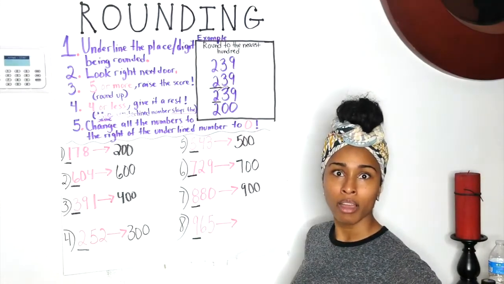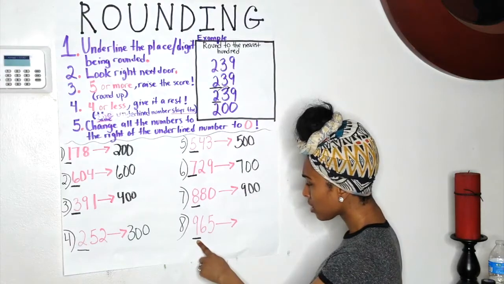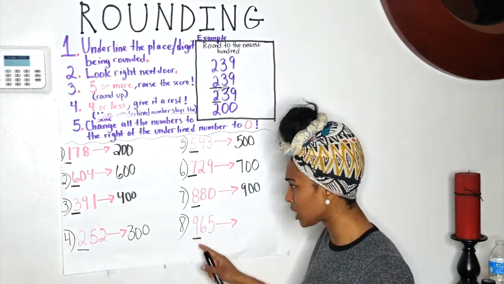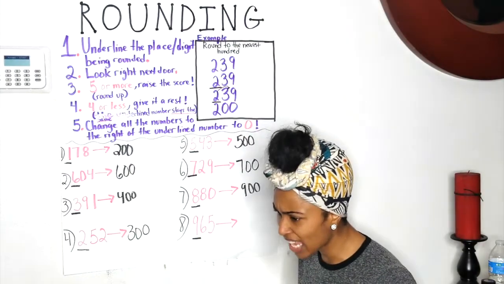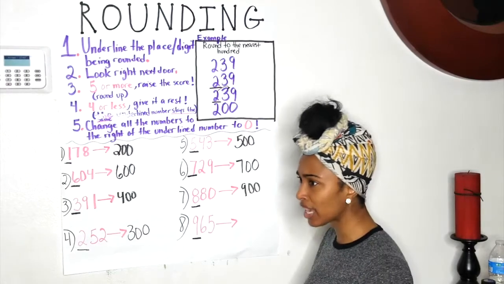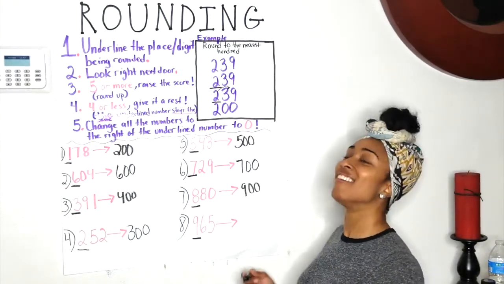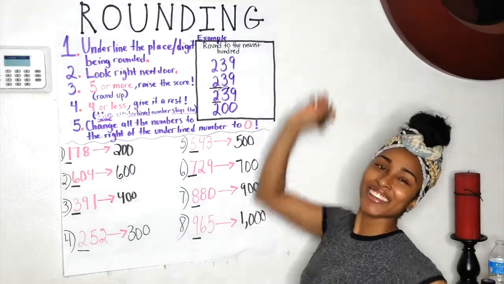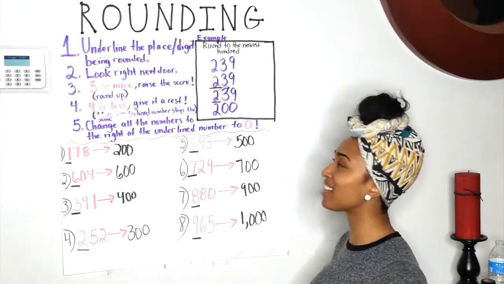Wait a minute. If I round up, what comes after 900? If I'm counting by hundreds, after 900, I get what? 800, 900, 1,000. Woo! Throw a party. We got 1,000.